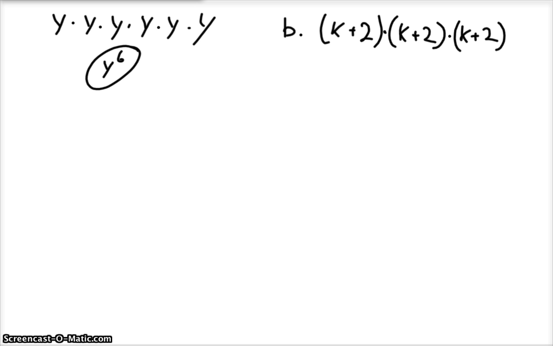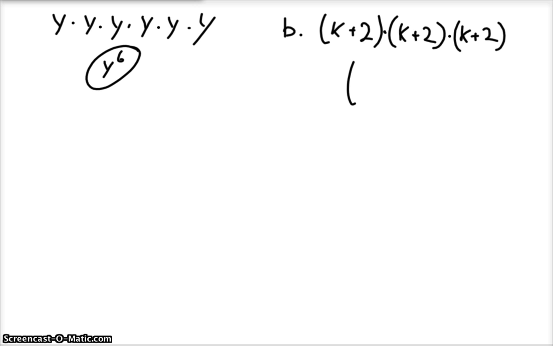Also, look at B. Again, this can be kind of tricky. We have our parentheses, and we have to be careful and pay attention to what's inside them. We have k plus 2 being multiplied 3 times. Sorry, taking a little while.